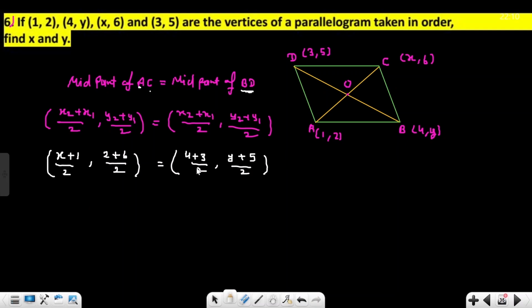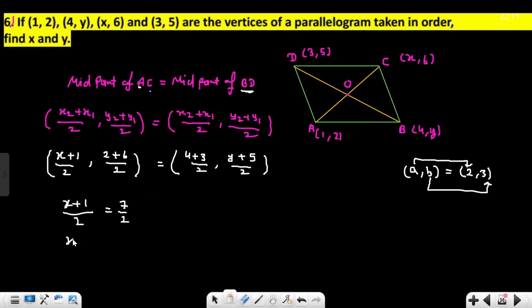Okay. Now if two coordinates, suppose A and B coordinates are equal to (2, 3), it means first coordinate equals first coordinate: A is equal to 2 and B is equal to 3. So same thing here: if two coordinates are equal, it means the x and y values are equal. First coordinate equal to first: (x plus 1) divided by 2 equals (4 plus 3), which is 7 by 2.